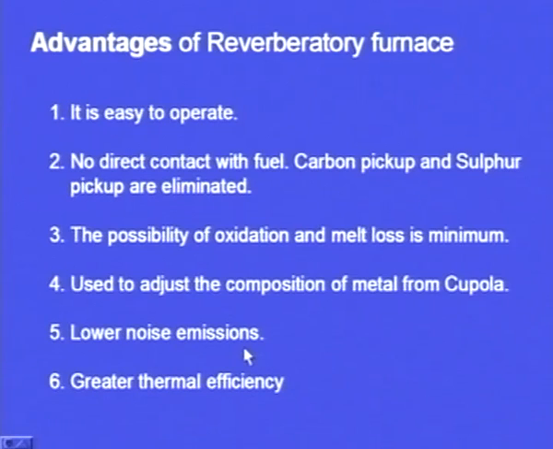In the case of the cupola furnace, if we add some alloying elements, they will be oxidized and they are lost. Here they are not oxidized, here they are not lost, here the alloying can be done successfully. And here lower noise emissions, noise is less and it offers greater thermal efficiency. So these are the advantages of reverberatory furnace.